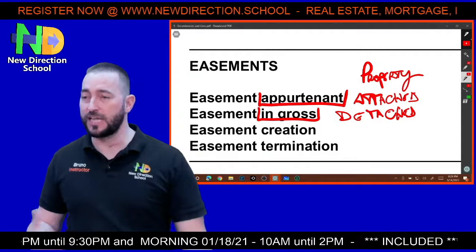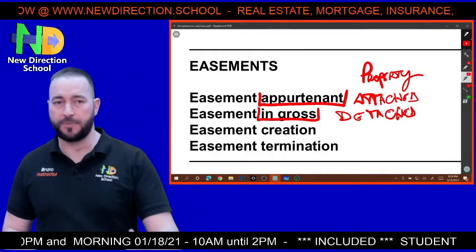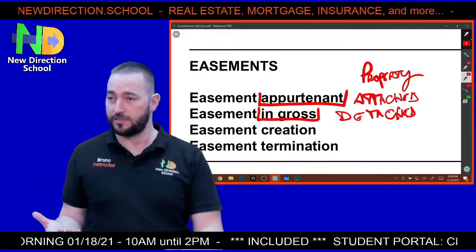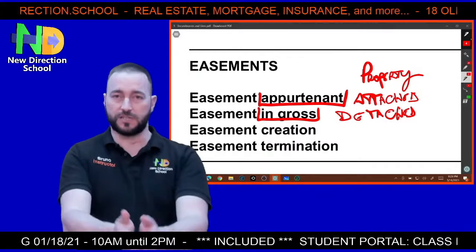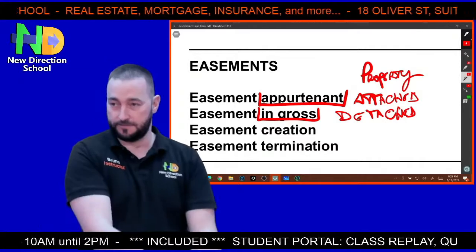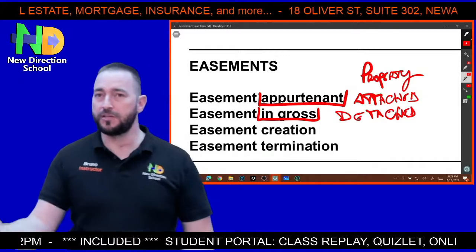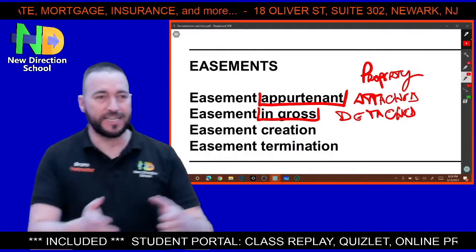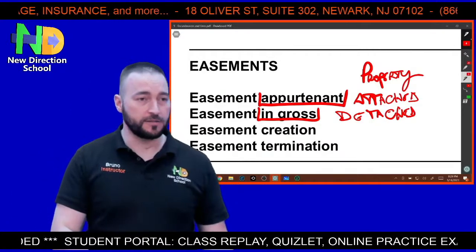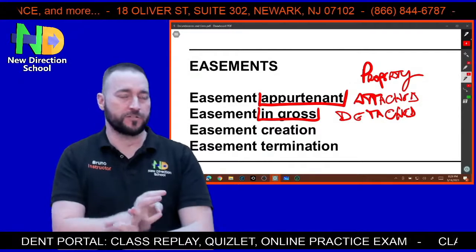As an example, let's say a lake. We share a lake in the community. Now that lake happens to be on your property. And I'm like a mile down, but I'm part of the community. I have the right to use the lake, therefore, I have the right to enter your property to get to the lake. You understand? And you cannot stop me because it's part of the community. Utility companies, they have easement in gross because their property is not attached to your property, but there's the water lines, there's a sewer, there's electric, right?